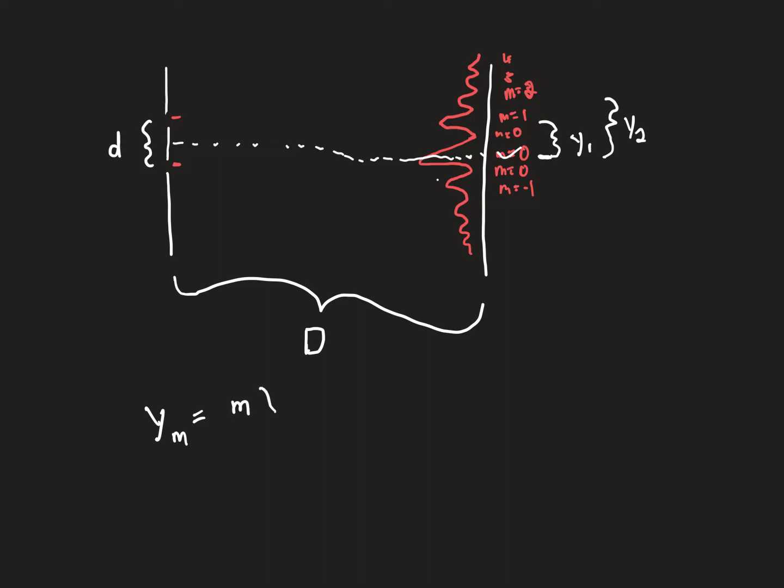It's equal to m, which is the order number, times lambda, the wavelength of light that you're shining through these two little slits over here on the left, times capital letter D, which is the distance from the slits to the screen where you're forming your image, all divided by lowercase d, which is the size of the slit separation that you're passing the laser through. And you can use geometry to prove all of that.